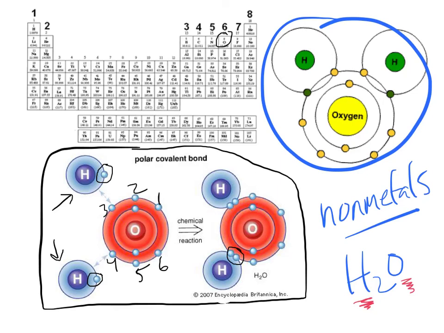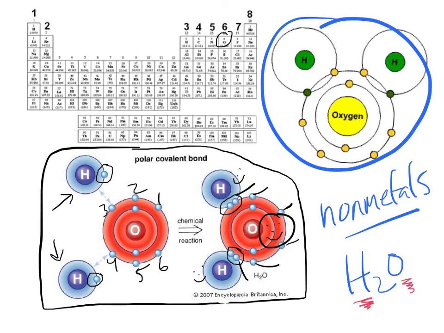Hydrogen's happy because it has 2 electrons in its outer shell. And since oxygen's doing the same thing over here, this hydrogen's happy too. Okay, and then the oxygen's happy because it has 2, 4, 5, 6, 7, 8 electrons in its outer shell, so oxygen's happy. And it couldn't have happened unless they shared those electrons.